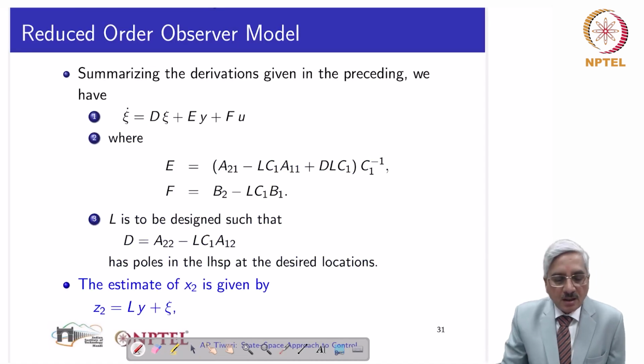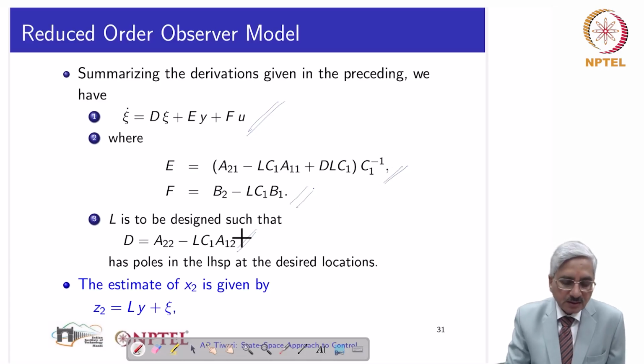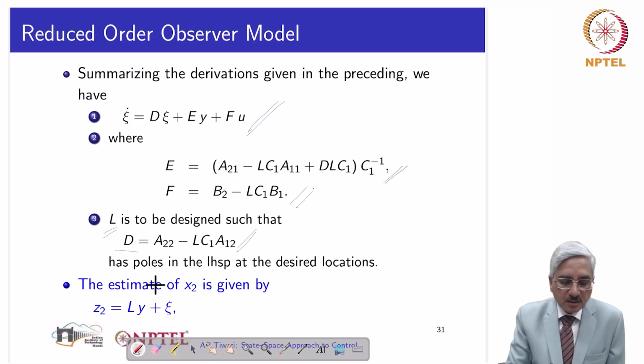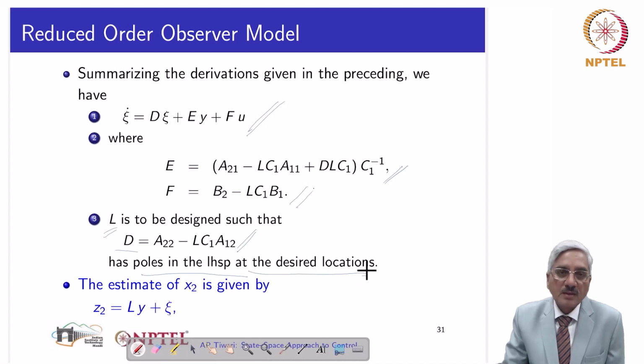This one, that the reduced order observer is a dynamical system governed by this equation in which D, E and F, they are to be found out. So based on the derivations, we found out that E will be this much, F will be this much, and D will come from this equation with the consideration that L has to be obtained such that D has poles in the left half S-plane at the desired location.